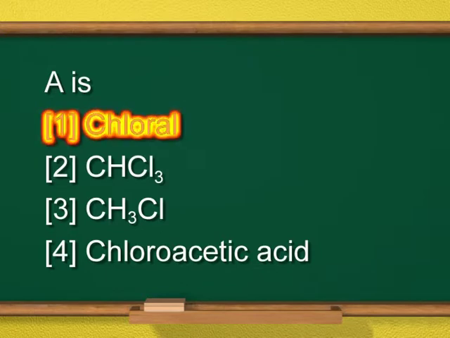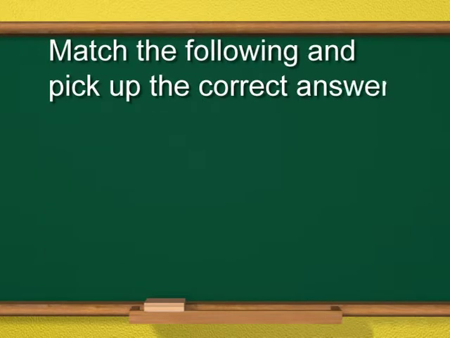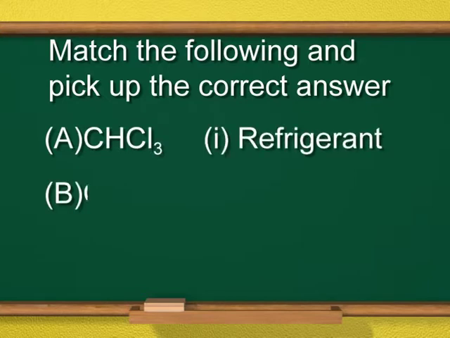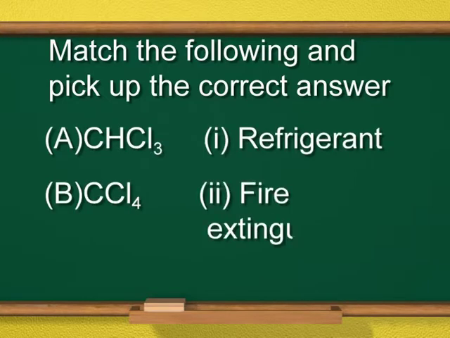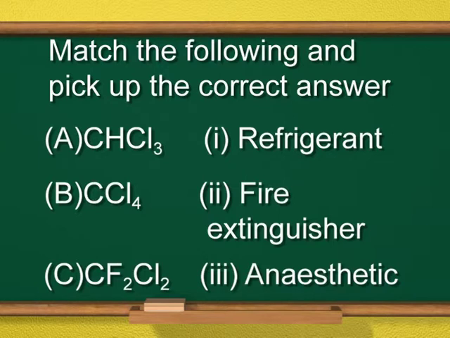My next question for you, match the compounds and uses shown on the screen and pick up the correct answer. Compounds are A. CHCl3, B. CCl4, C. CF2Cl2, and the uses are first refrigerant, second fire extinguisher, and third anesthetic.